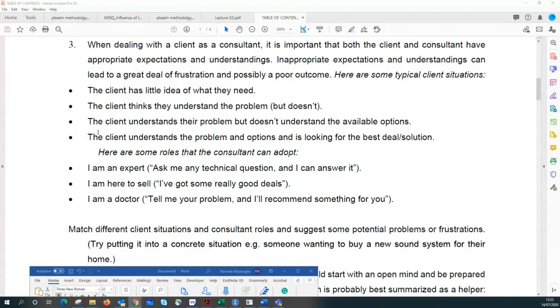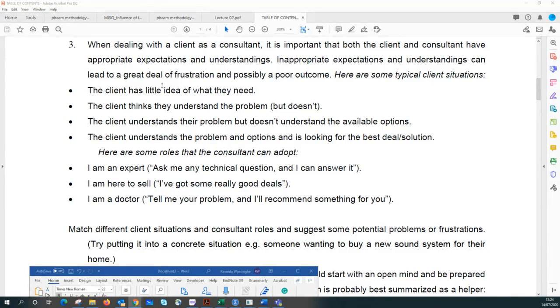Which one is the best match with the first two situations? Any idea? Who else? Darcy, can you answer? Callan? Precious? Noah? Josh? Ayub? Anyone, please?